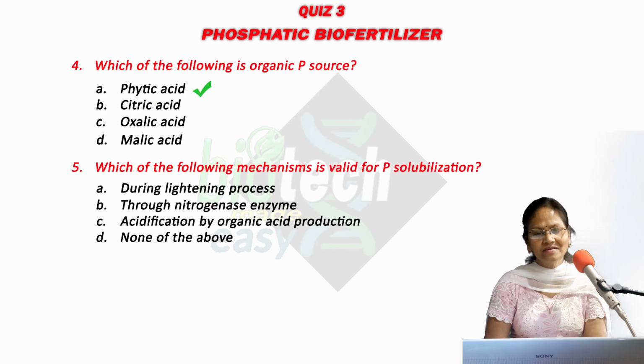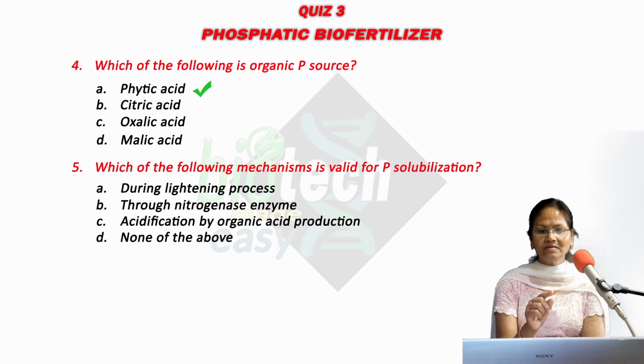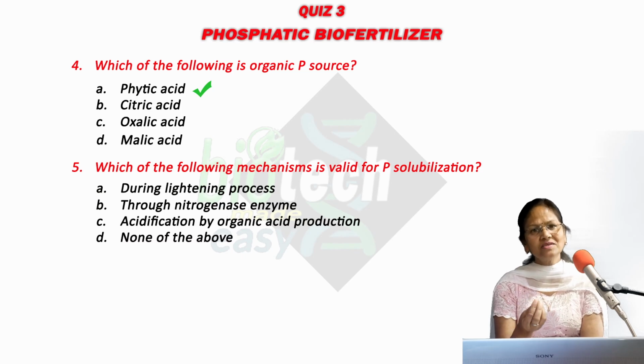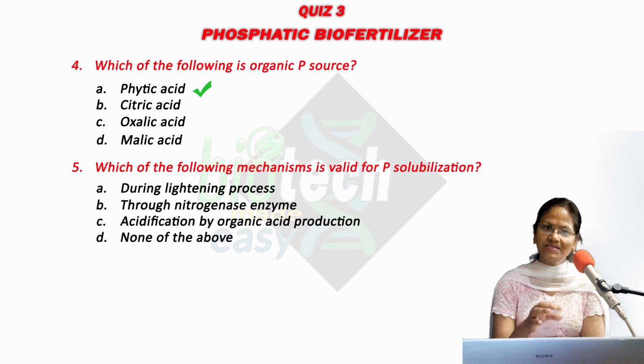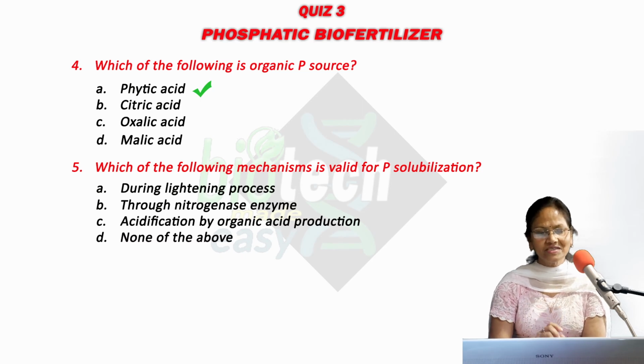Next question. Which of the following mechanisms is valid for phosphate solubilization? During lightning process? No, because during lightning a little amount of nitrogen is fixed, but not phosphorus. Through nitrogenase enzyme? Again no, because nitrogenase is related to nitrogen fixation. Acidification by organic acid production.